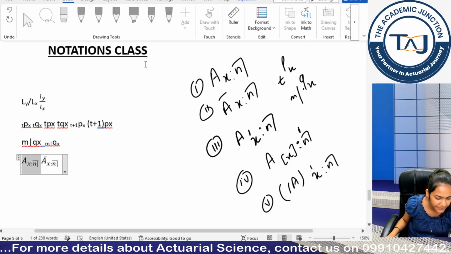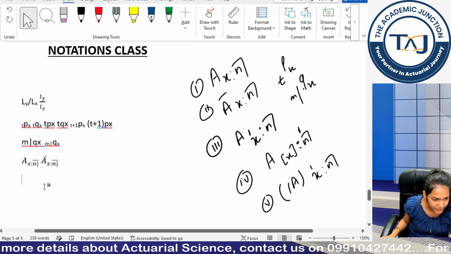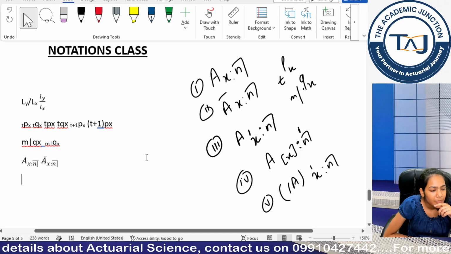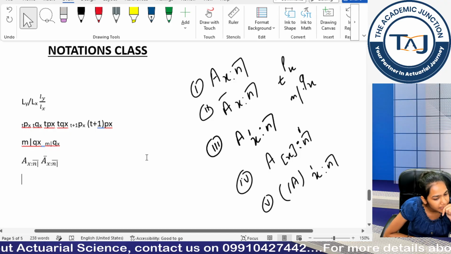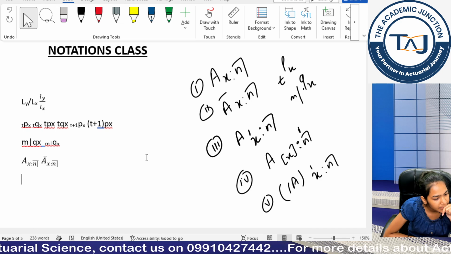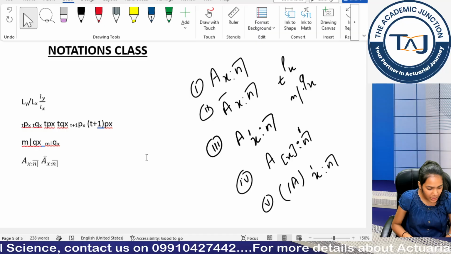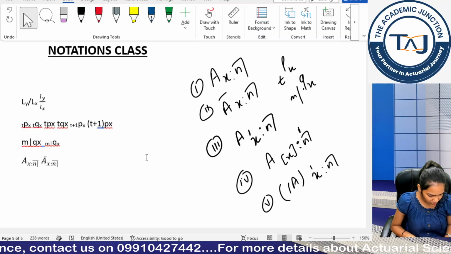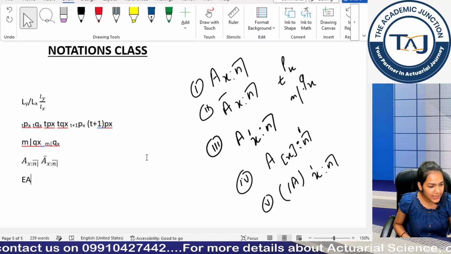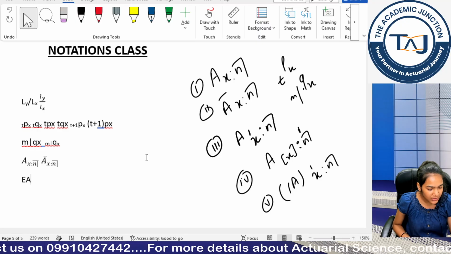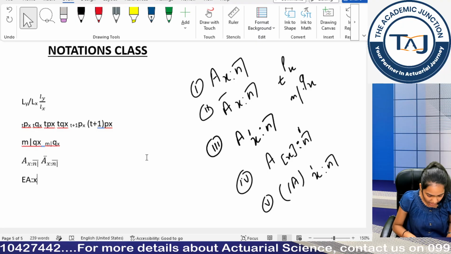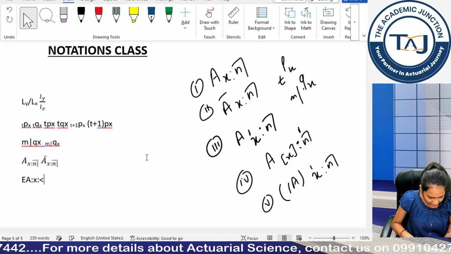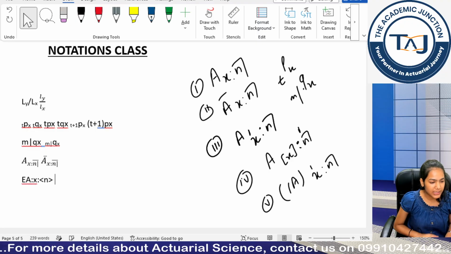Tell me, guys. What type of assurance notation is it? Endowment assurance, very good. So for endowment assurance I will use the initials EA. Okay, since it represents endowment assurance, so EA of what life, X, for how many years, N years, so I use this.